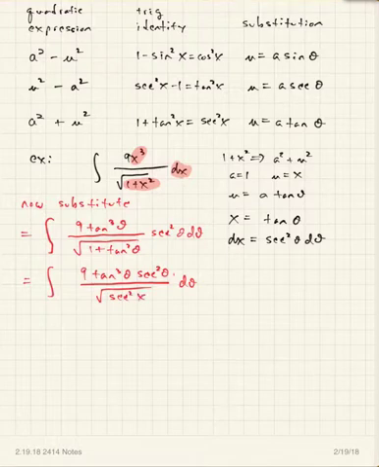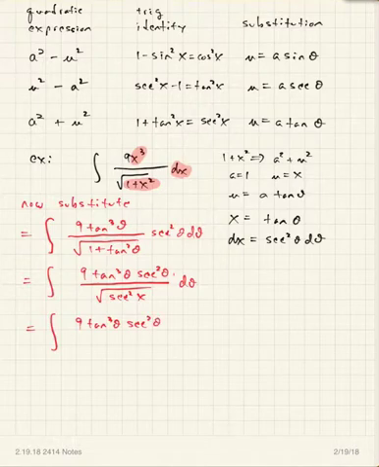That is why we made this crazy substitution. Because now, you have 9 tangent cubed theta, secant squared theta in the numerator. In the denominator, as long as secant is positive, this would just be secant theta, and then d theta. I apologize, it would be secant theta and d theta. That's better.